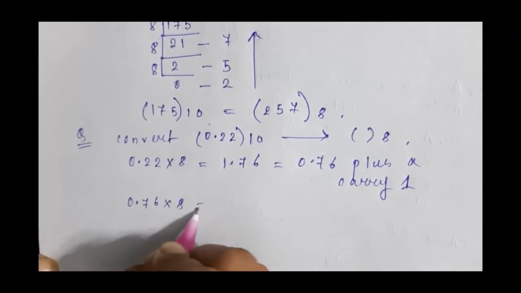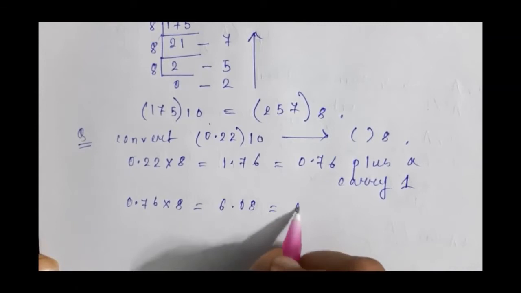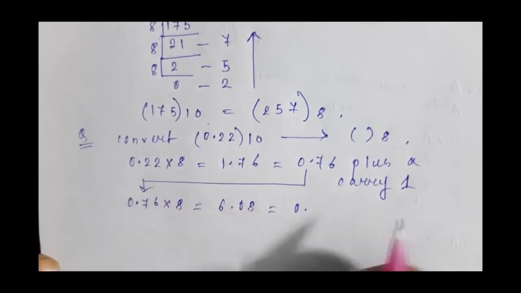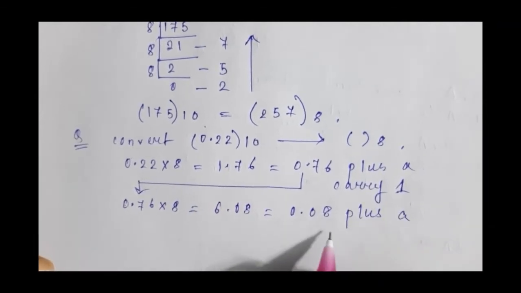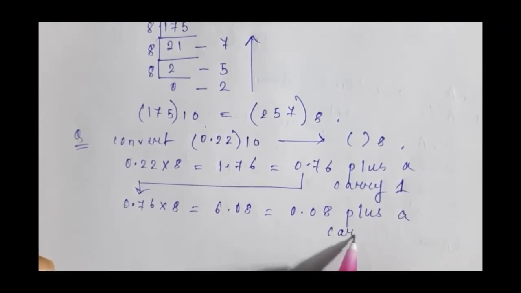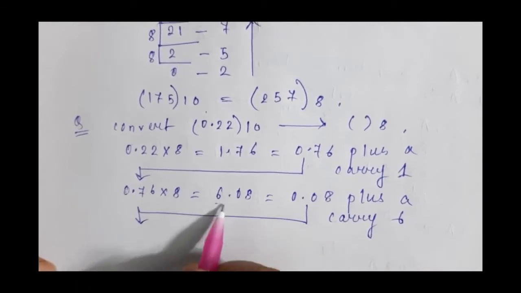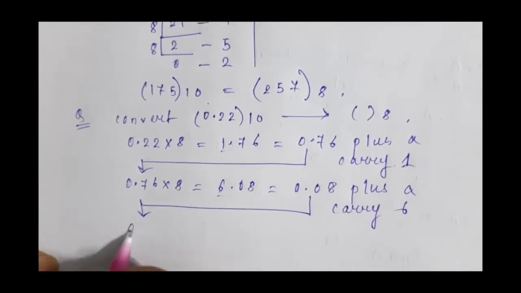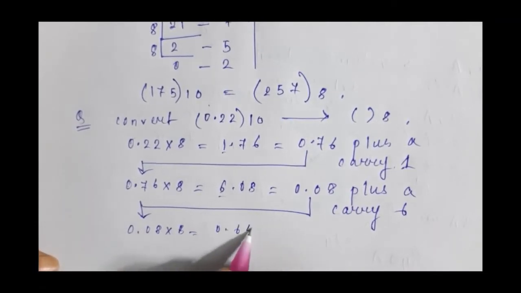Into 8, which will be equal to 6.08, we will take 0.08 and carry 6. So these things will be coming as a carry. Then 0.08 into 8 is equal to 0.64.